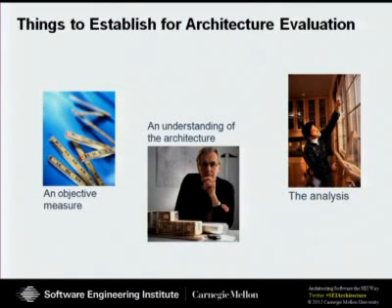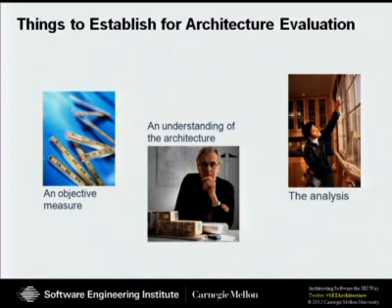The second part is, architecture is a complicated thing. Even for a simple system, all the information that you can have about that architecture is typically so much that no one can understand it in the whole. So to say, does the architecture have the right properties, requires a deeper understanding of the architecture.